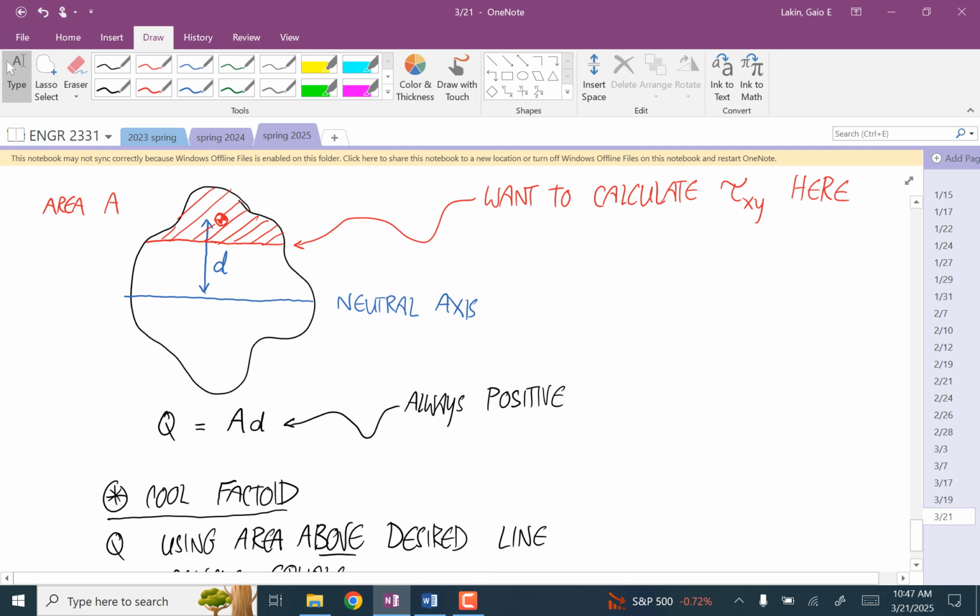Okay, and then you can either figure out the red area and the centroid of the red area and use this formula, or you could figure out the white area and the centroid of the white area and use this formula. How do we know what the line that we want to calculate is? That's given in the problem.